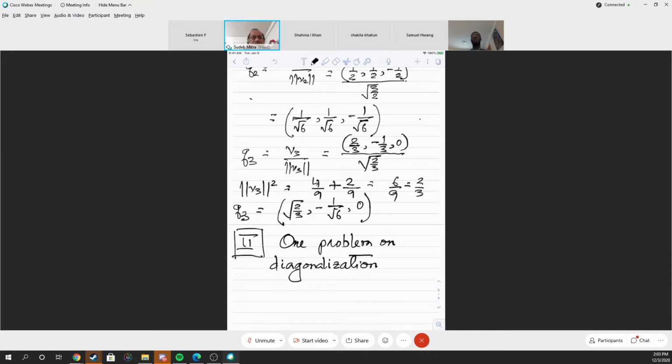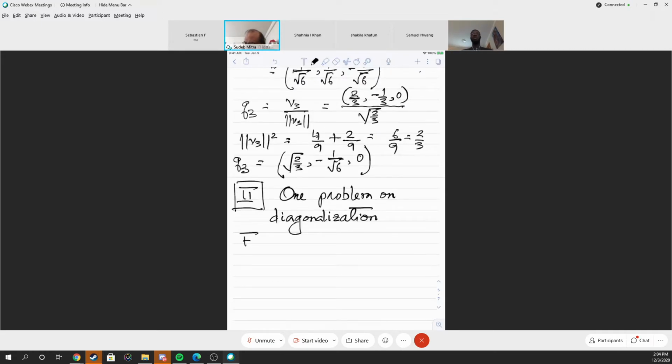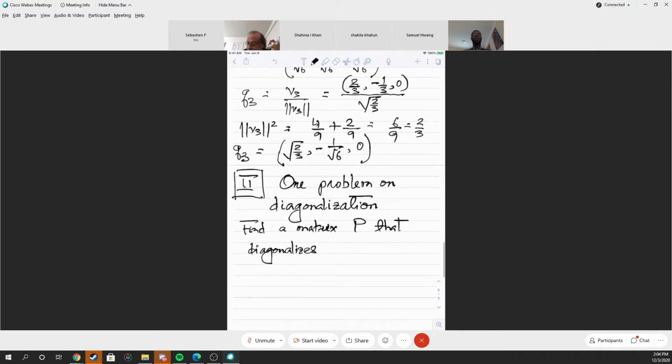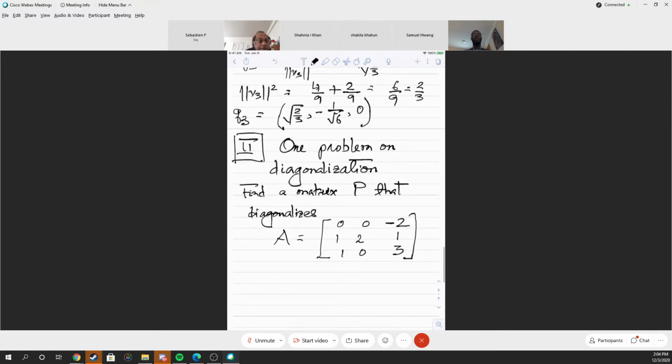So this is a kind of problem: find a matrix P that diagonalizes A, and then you have to check that it is diagonalized.